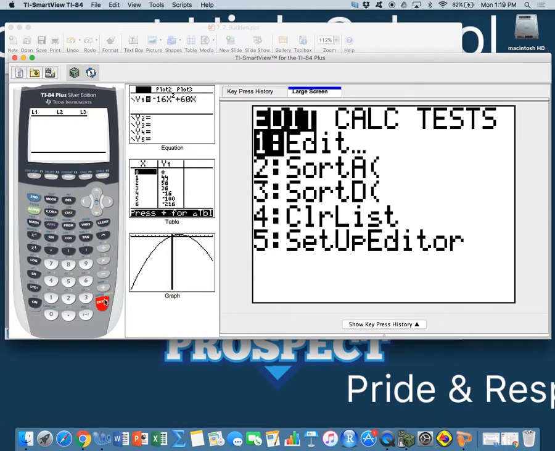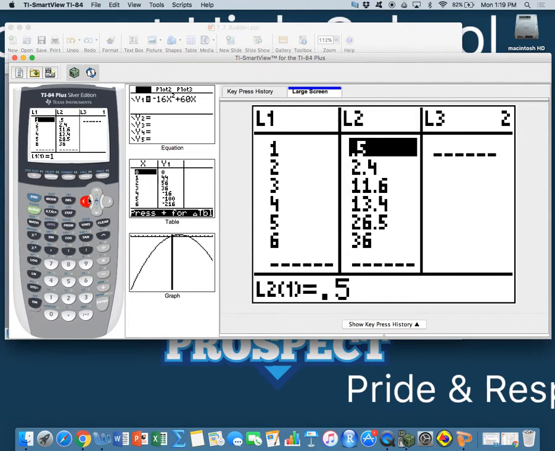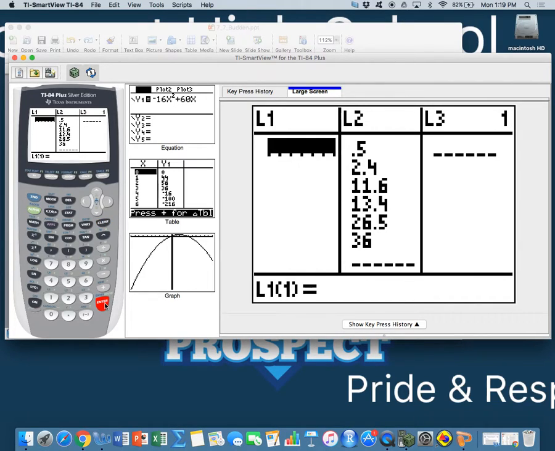Go to Stat, Edit. Let's edit our first list. Give me a distribution that's probably normal. Height. Height is probably normal. Let's just take a few data points. In the first column, can you give me your heights in inches?